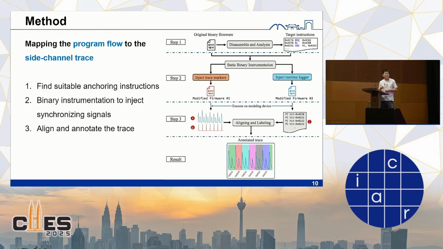The next step, we perform binary instrumentation, which modifies the target binary to inject some synchronization signals, like triggers or UART logs. And in the next step, we run the modified firmware on the target device, like a profiling device, to gain the triggers and other information, and then we use this information to segment and annotate the trace.